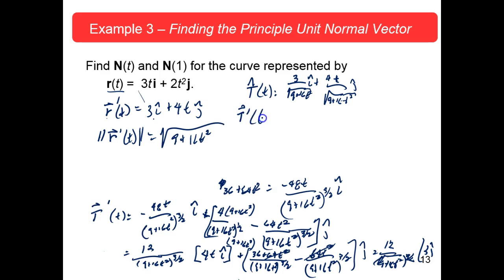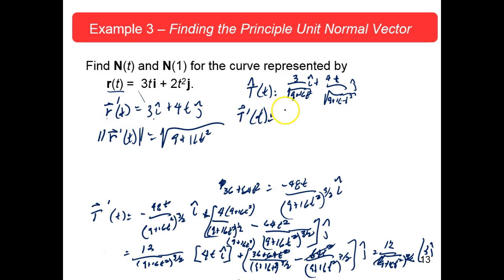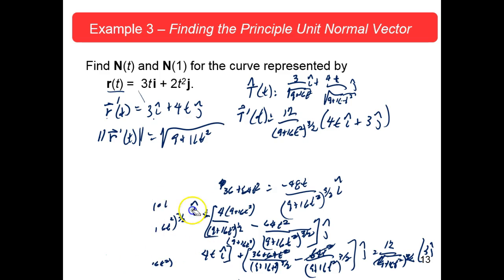T prime of t is equal to 12 over 9 plus 16t squared to the 3/2 power times 4ti plus 3j. All right. Now, I'll take out the rest of this because I just don't have room to keep it any longer. This is how we got it, but I'm getting rid of all this so I can write some more.